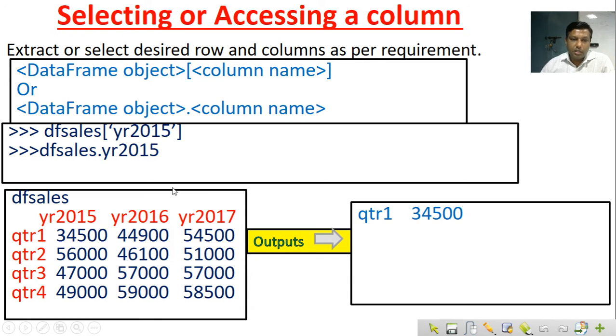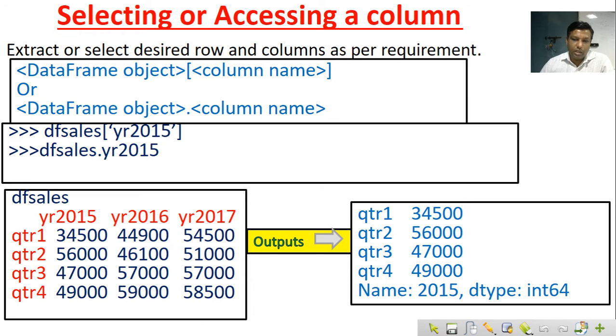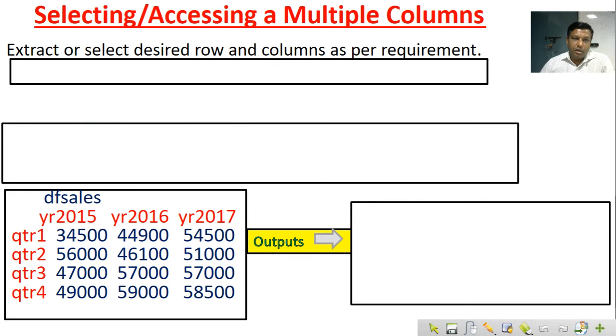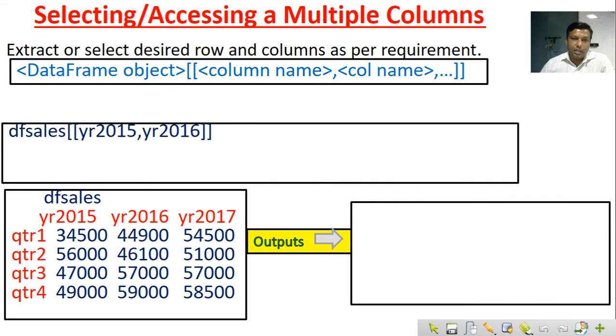The output is year 2015: quarter 1, quarter 2 56000, quarter 3 547000, quarter 4 49000.